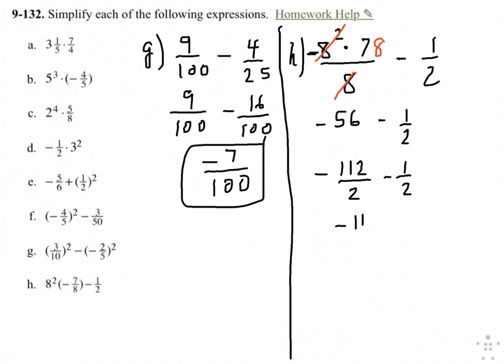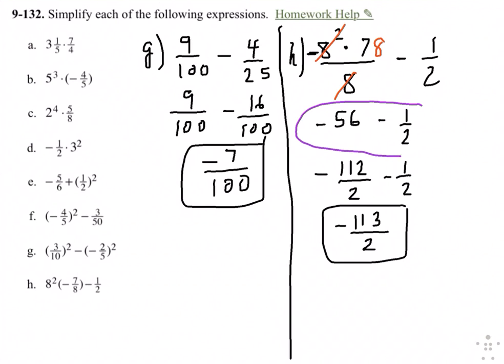That's negative 113 halves. Right up here, this is a trade-off. We probably could have just written negative 56 and a half, because we're adding a negative half to negative 56. But just to stay consistent, I put them into fractions and got a common denominator.